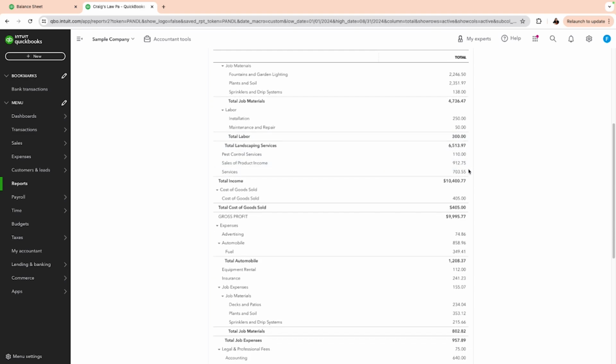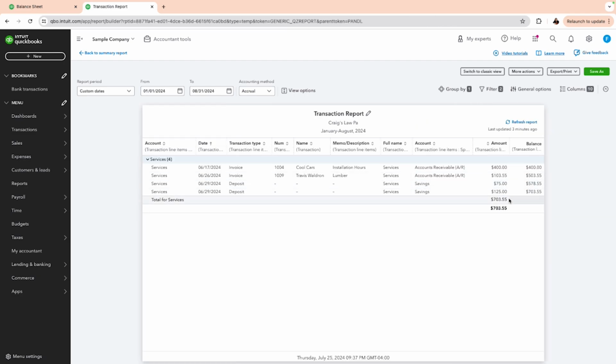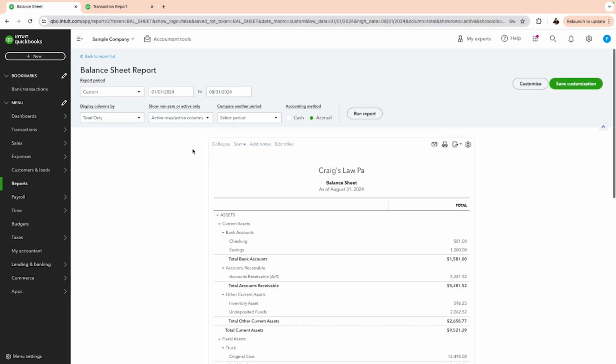See, okay, there you go, services. If I click on the 703, you'll see that now we have also recorded that $75 from Betsy and that $125 from Frosty the Snowman. This money was taken out of the liability account here on the balance sheet and out of the trust account bank and recorded as income. Okay, so this is the trust.